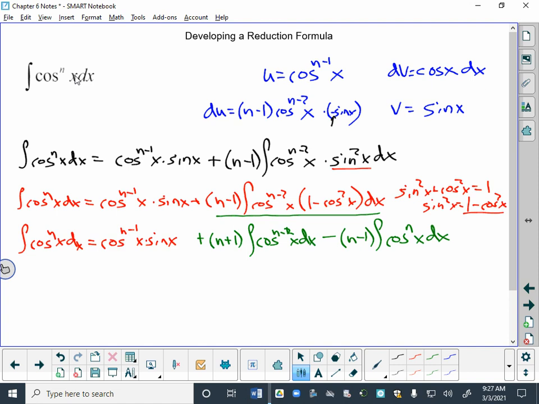And so now I see this piece over here, and I can add n minus 1 indefinite integrals of cosine to the nth x dx to both sides.